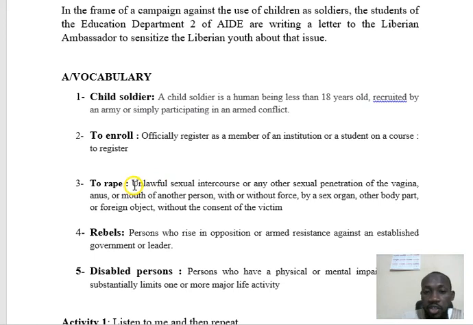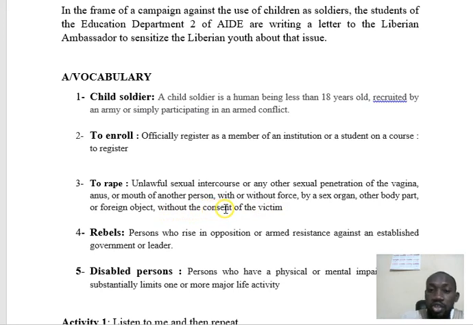So rape is an unlawful sexual intercourse or any other sexual penetration in the vagina, anus, or mouth of another person with or without force by a sex organ or body part or foreign object without the consent of the victim, right? This is very important.